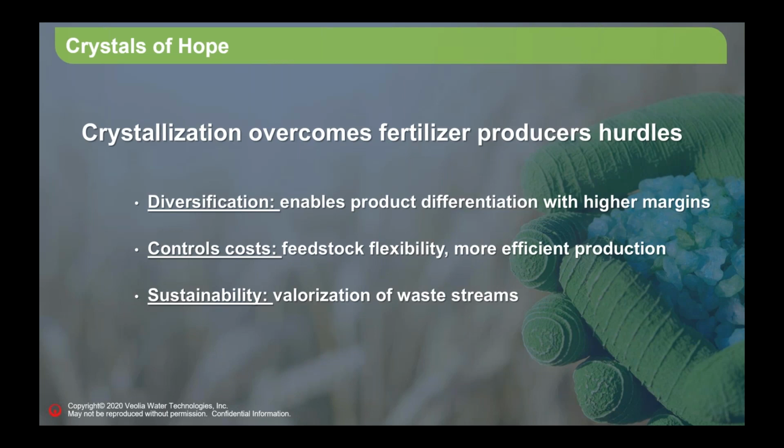Also, the crystallization process enables cost control because it allows more flexibility in raw material or feedstock and a more efficient production. The last point is sustainability: the production of crystals often allows valorizing waste streams.